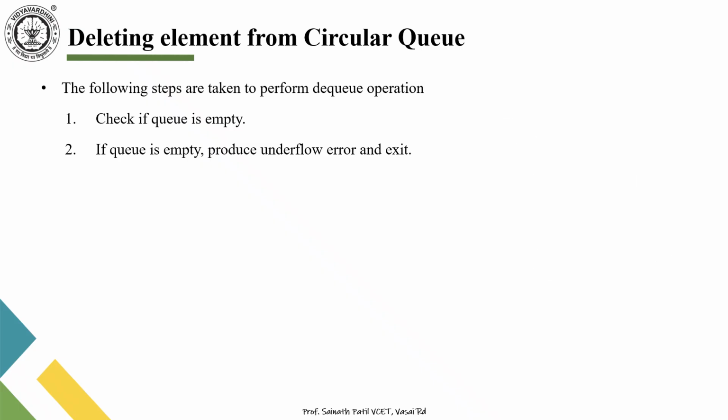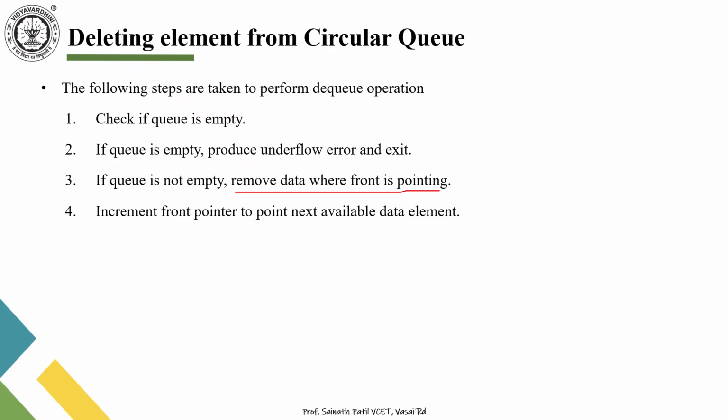If the queue is not empty, then in normal operation we remove the data where front is pointing and then increment the front pointer to point to the next available data, from where we can remove the next data from the circular queue. But in the case of a circular queue, the situation may be different.